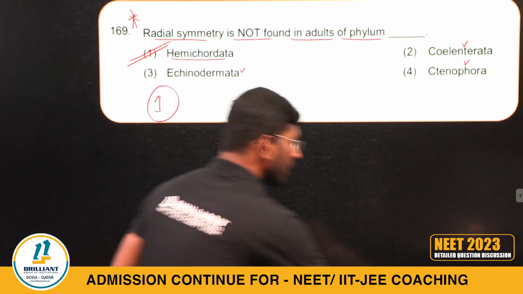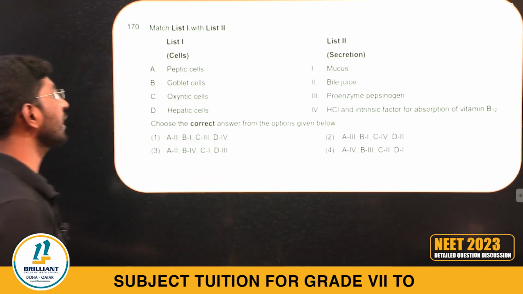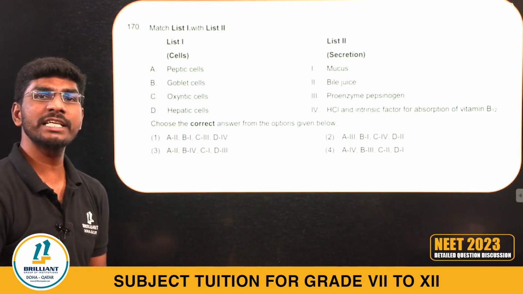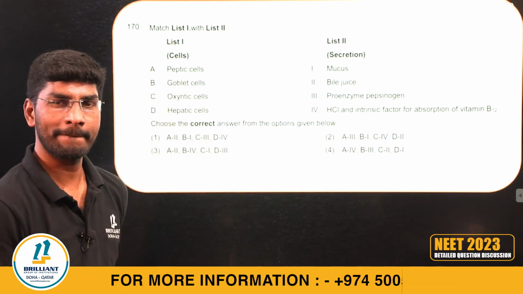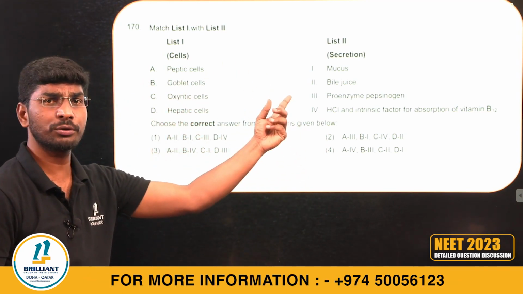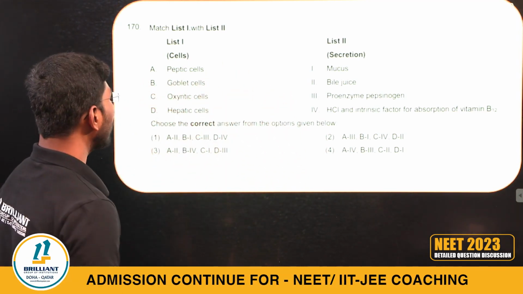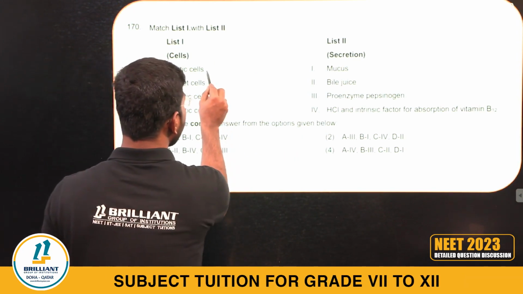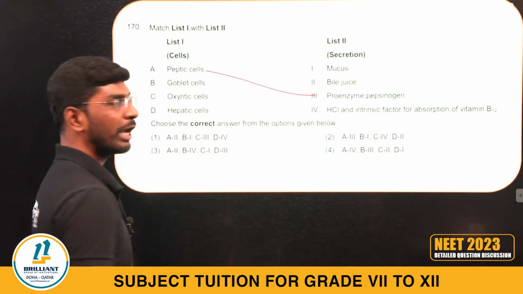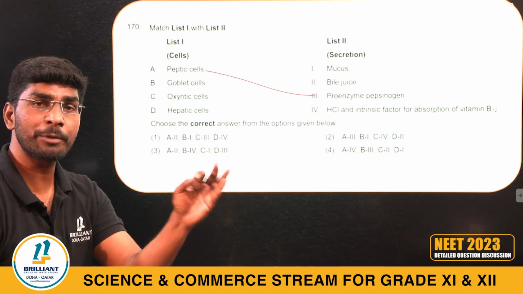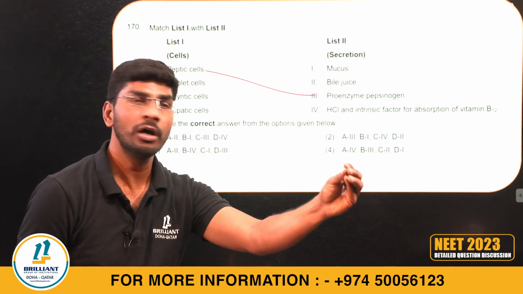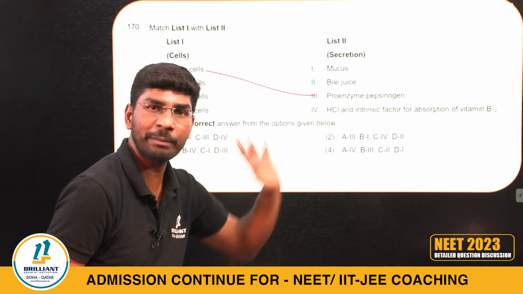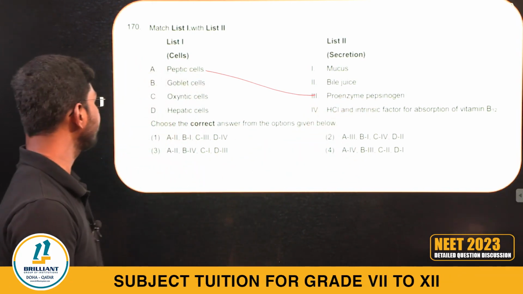Let's go to 170. This is a human digestive system question, digestion and absorption chapter. Simple question, I hope everyone has done it. Look at the first option: peptic cells secrete proenzymes, or pepsinogen, inactive enzymes.